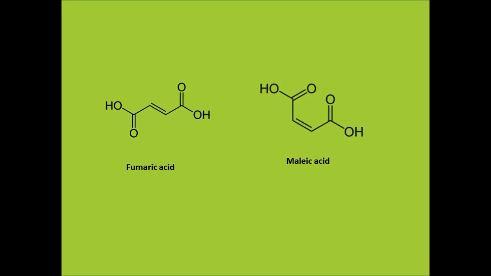Fumaric acid is a metabolite in the body, whereas maleic acid is an irritant. Their boiling points and their melting points are vastly different. And the only difference between these two compounds is how that C double bond OH group is oriented in space.